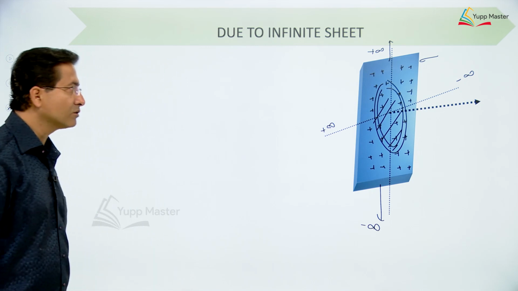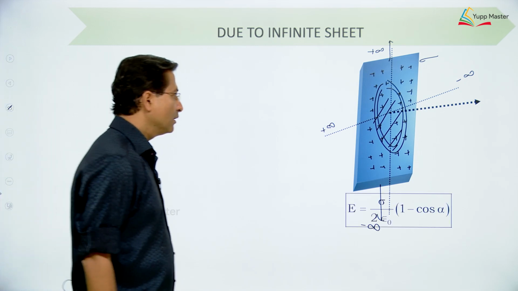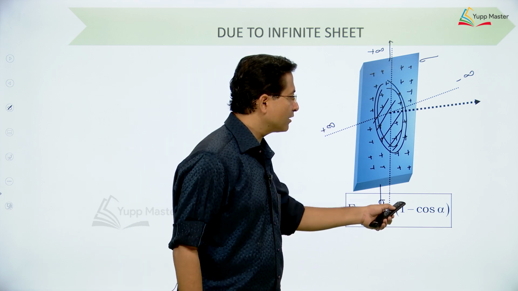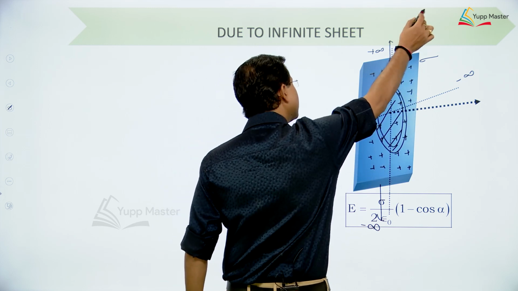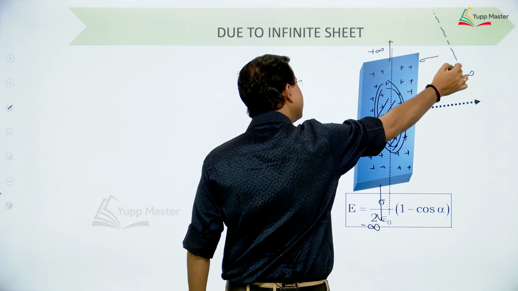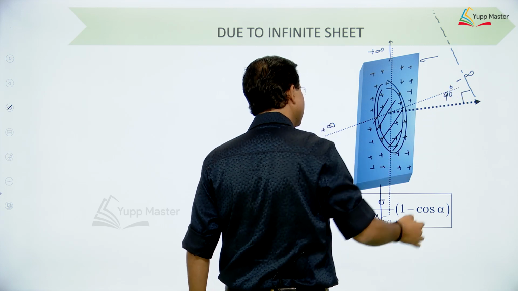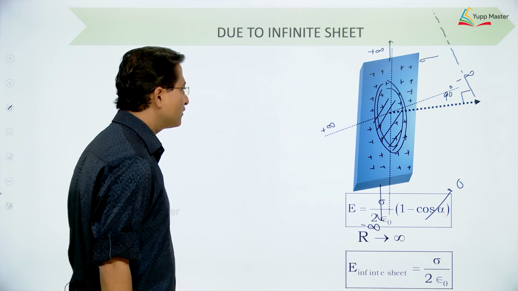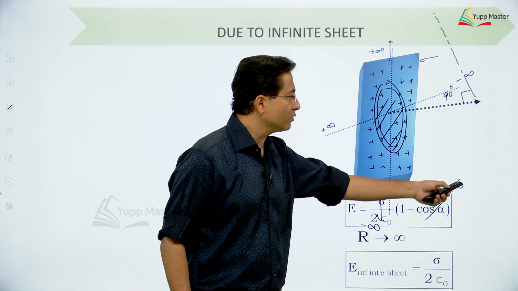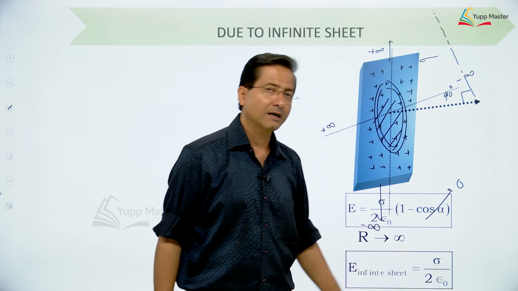In that, if I substitute r tending to infinity, in the expression sigma upon 2 epsilon naught times 1 minus cos alpha, if this is going till infinity, this angle will tend to pi by 2. If this angle tends to 90 degrees, then the cos term tends to 0. So as r tends to infinity, this term tends to 0, and the expression becomes sigma upon 2 epsilon naught.